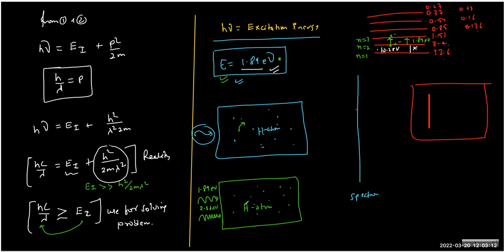If these two photons with 1.89 and 2.86 eV energy are getting absorbed, what can you say about the event happening here?